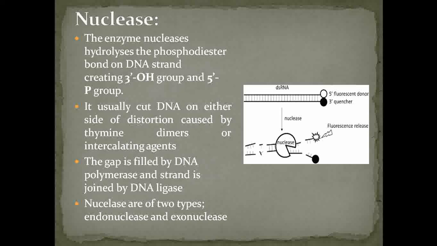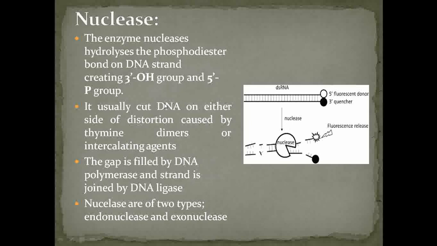Then the next enzyme, that is the nucleases. The main function of the enzyme nucleases is they hydrolyze the phosphodiester bond of DNA. It usually cuts the DNA at either side. Basically these nucleases act as an intercalating agent, and the gap which is formed due to the presence of that nucleases is filled by our next enzyme, that is DNA polymerase.